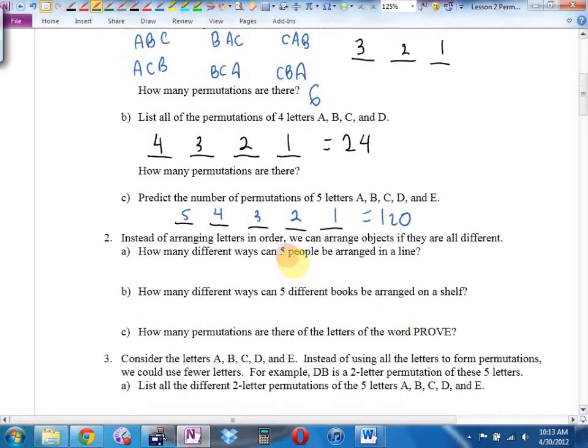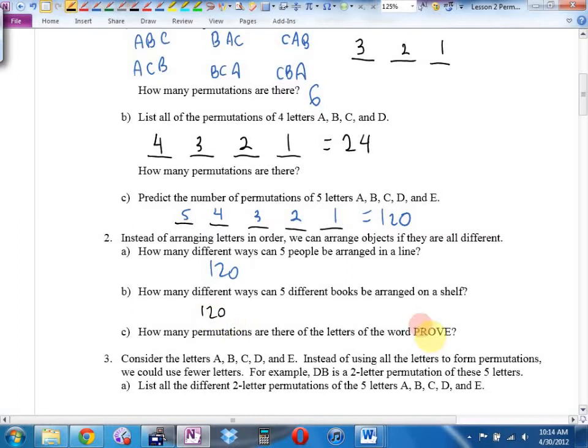How many different ways can 5 people be arranged in a line? 120. I could call person A, person B, person C, person D, and person E. How many ways can 5 books be arranged on a shelf? I could call it book A, book B, book C, book D, book E. 120. It doesn't even have to be A, B, C, D, and E.